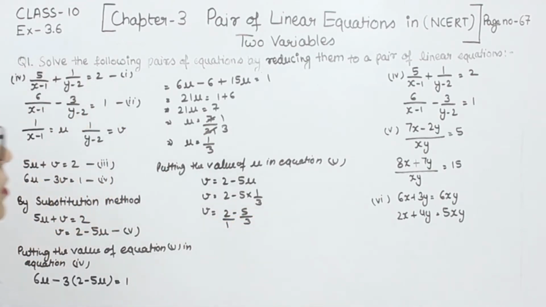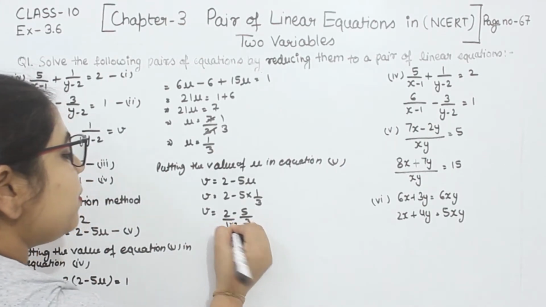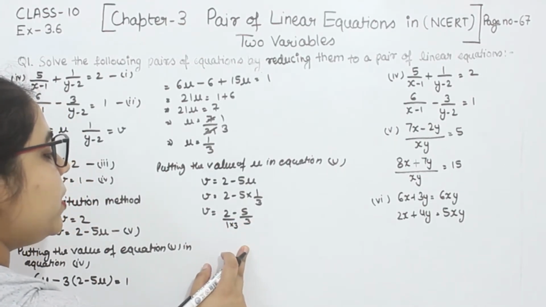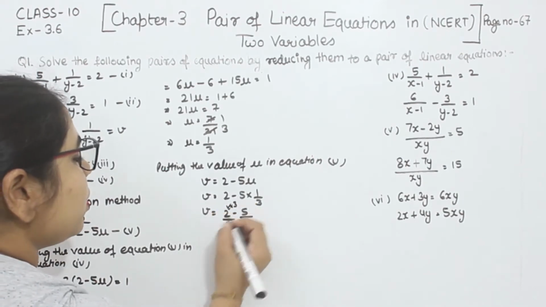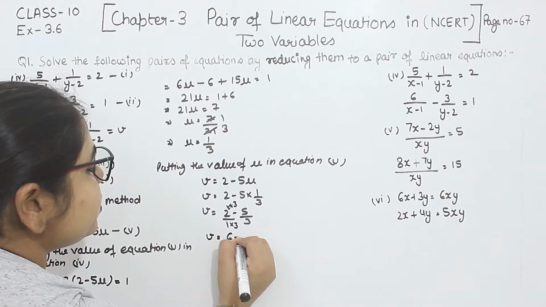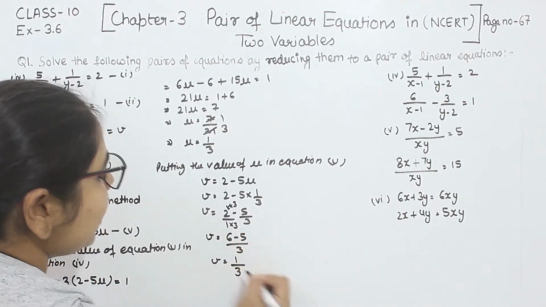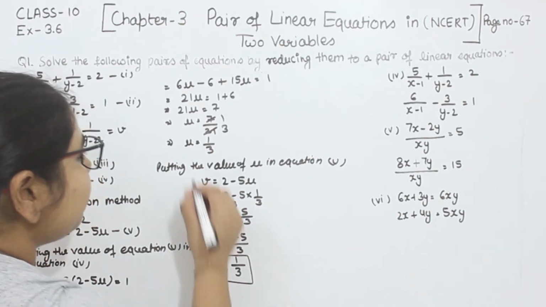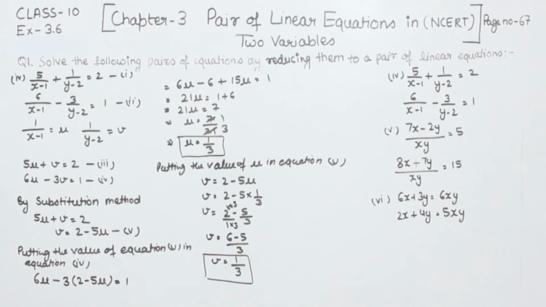Now for the subtraction, the denominators should be the same. For that, we multiply 2 by 3 to make the denominators equal, and when multiplying the denominator we also multiply the numerator. So v is equal to 3 twos are 6 minus 5, so v is equal to 1 by 3. This is the value of v, and this is the value of u. Now we have to find the values of x and y.